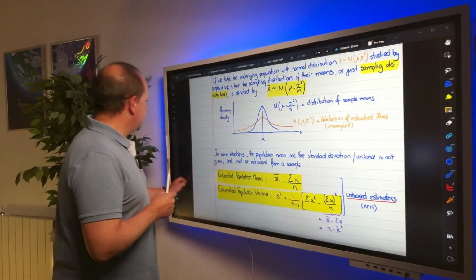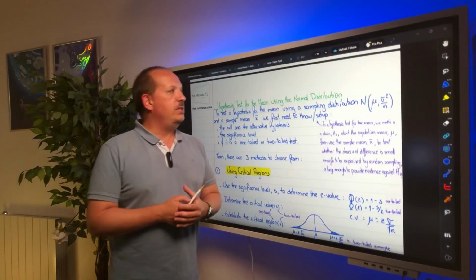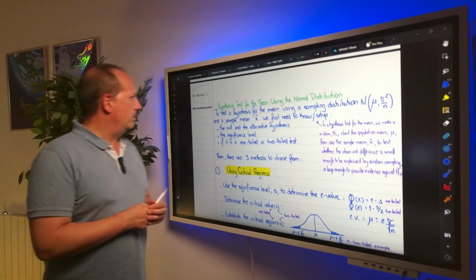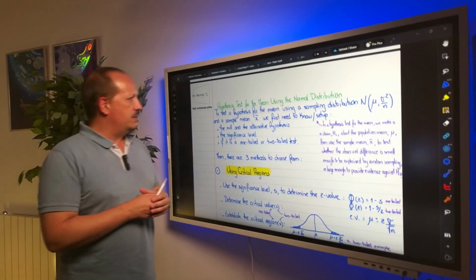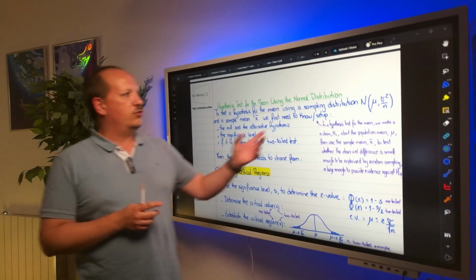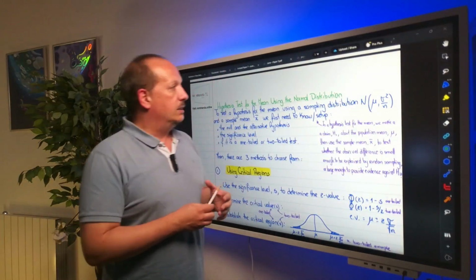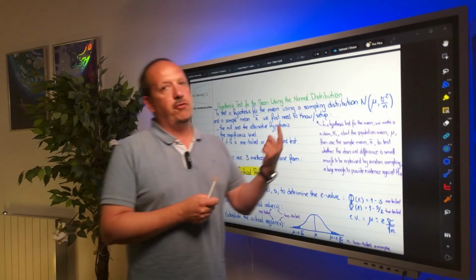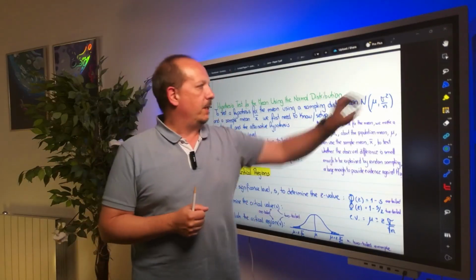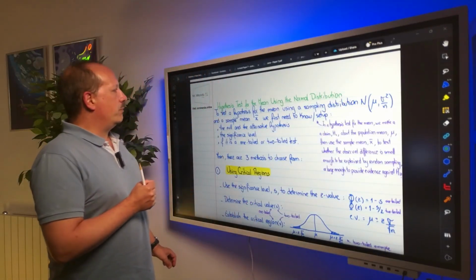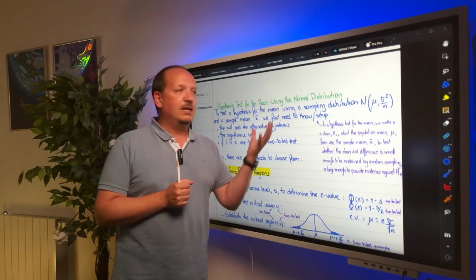Now that you know this, we can talk about the hypothesis test for the mean using the normal distribution, to test whatever hypothesis for the mean using a sample distribution. So in the example that I gave before, it would be the sampling distribution of all the means for all the schools that we used as samples, given by this. And for a particular sample mean, we need to set up all these things.